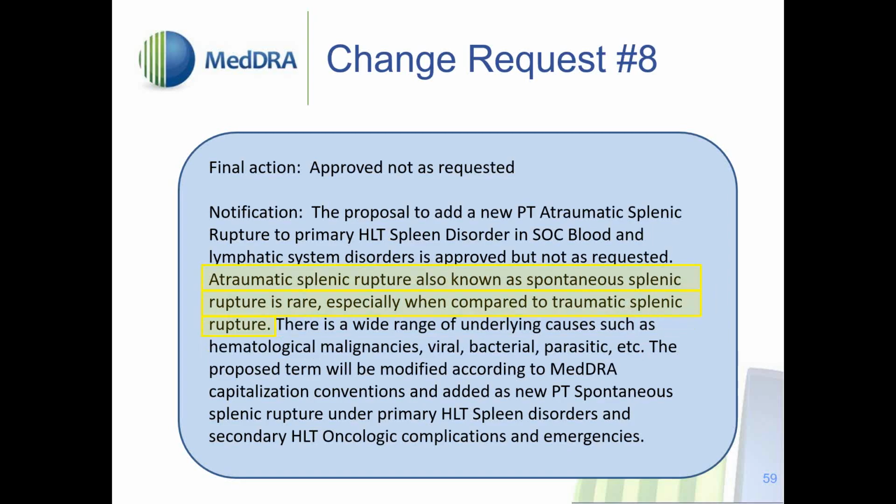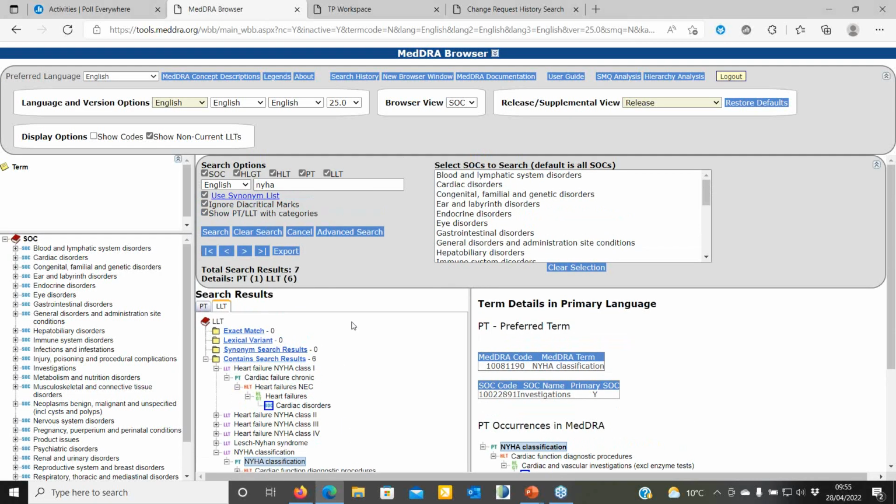So we recently got as well atraumatic subdural hemorrhage. Because the subdural hemorrhage and subdural hematoma primarily go to the injury SOC because most often they are traumatic in origin.